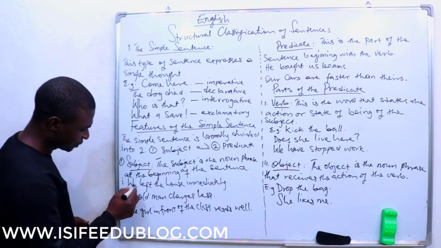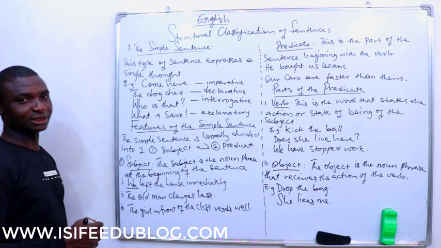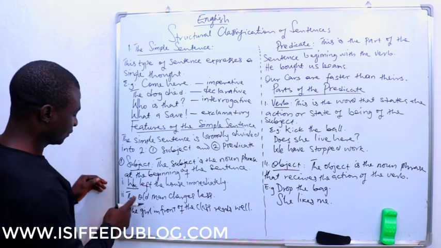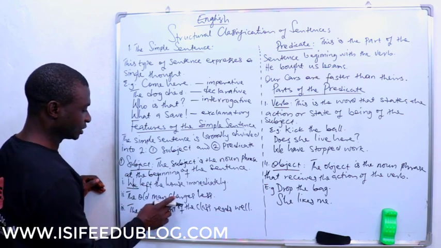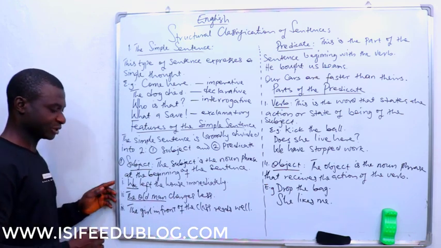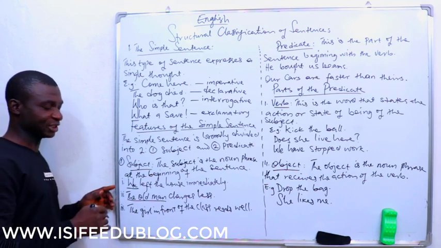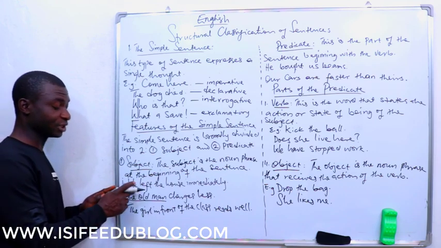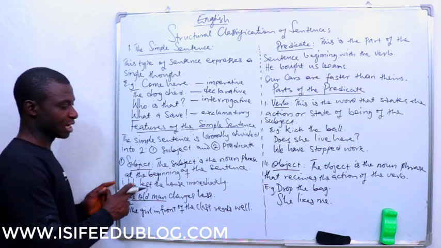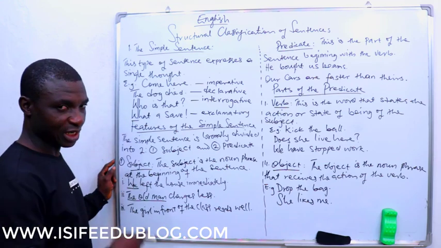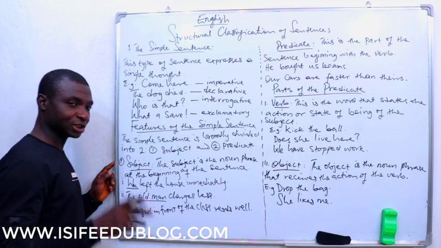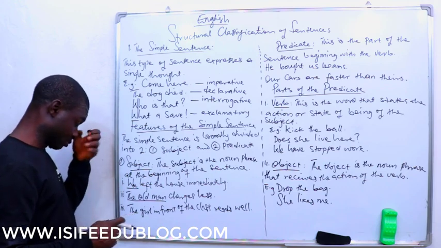So, we is the subject of the sentence. Right? The old man charges less. The old man. Remember I said the noun phrase at the beginning of the sentence. We is a noun phrase, mind you. Of course, watch my work on phrases and you will learn so much about how a single word in action could just be a phrase.